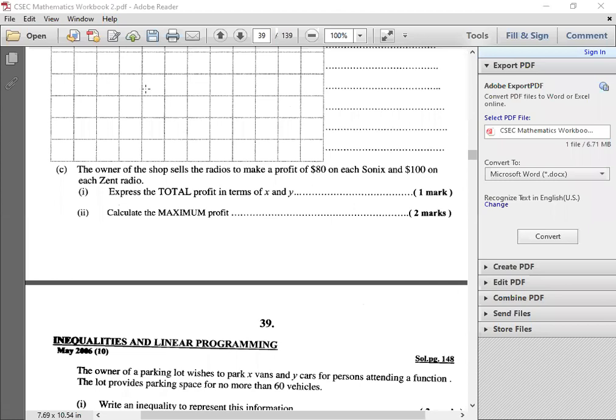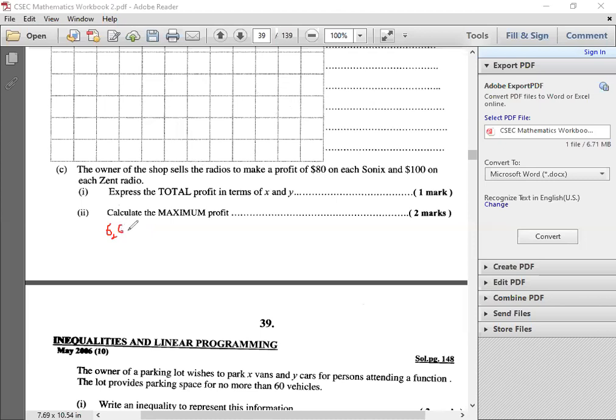What are the coordinates? 5 and 5 and 6. Wait, no. 6 and 6. Wait there. Sir, 6 and 6. So 6, 6.